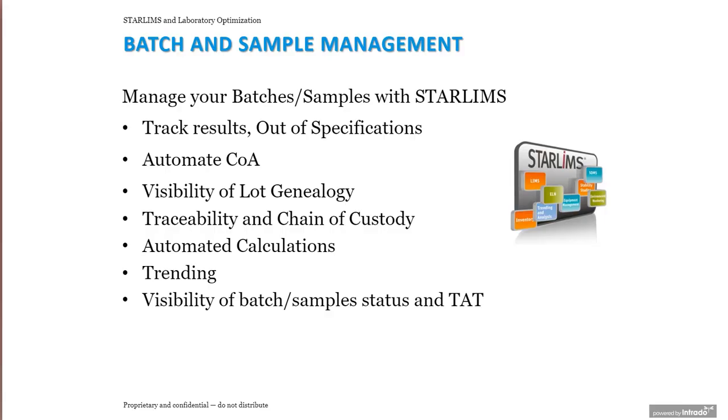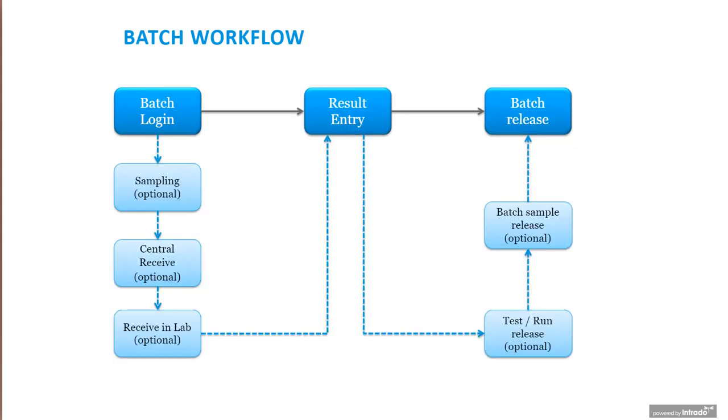So, in a very high level nutshell, some of the features and functionalities that we have: we can support batch and sample management for the labs to track their results, the out of specifications in real time, automation of COA, visibility of lot genealogy, the components of your finished product and their corresponding results, traceability, change of custody, automated calculations, trending, and visibility of batch sample status and turnaround. So rather than be reactive, be proactive.